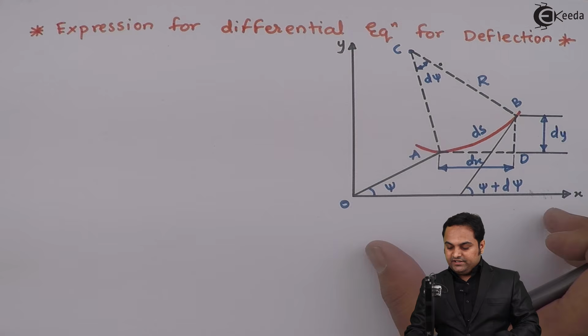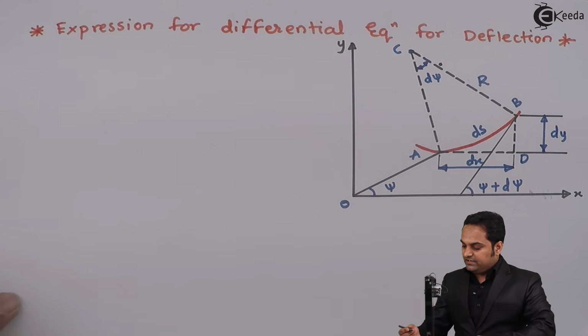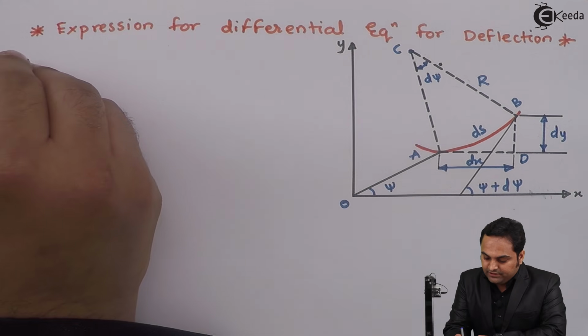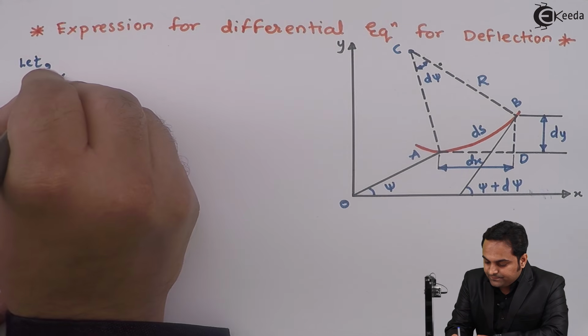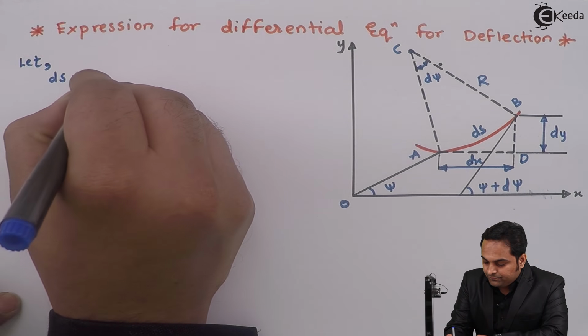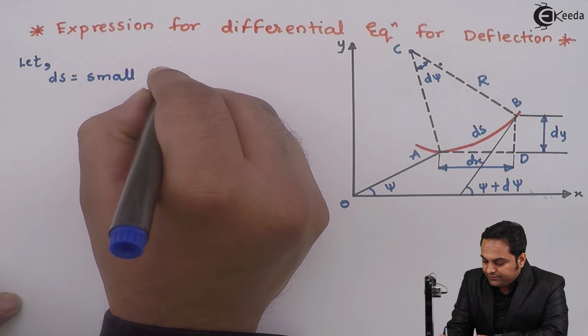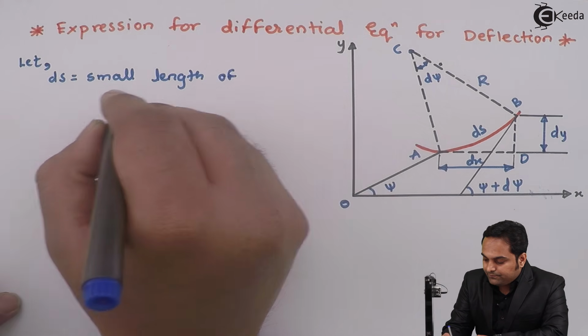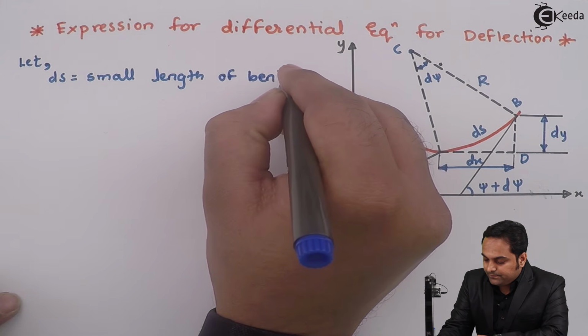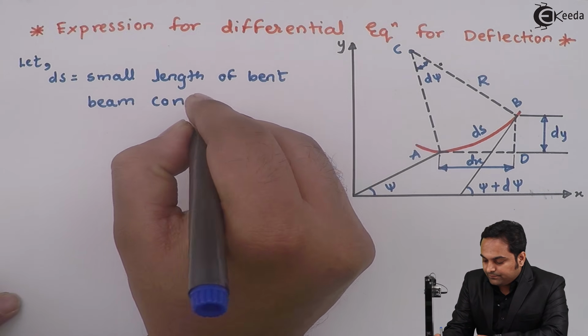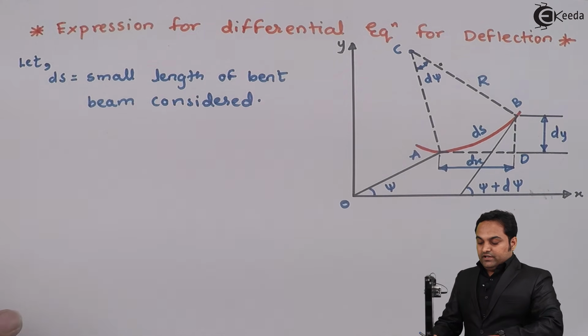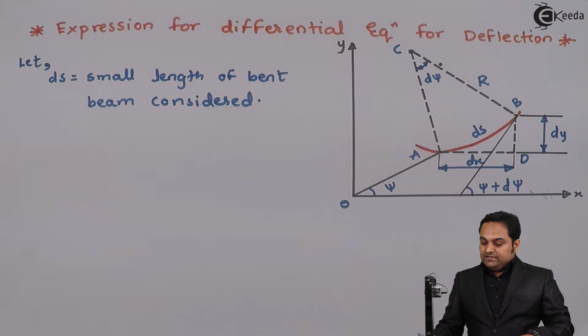So first I'll define these terms. In the derivation part, let ds be equal to the small length of bent beam considered. Here I have taken the small length of the beam as ds.